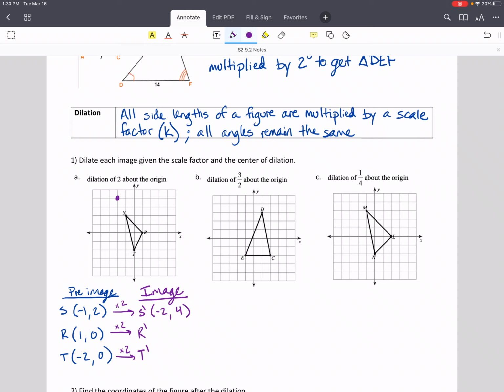And we can label that. R prime is going to give me 2, 0. And T prime is going to give me -4, 0. Ta-da! There you go.